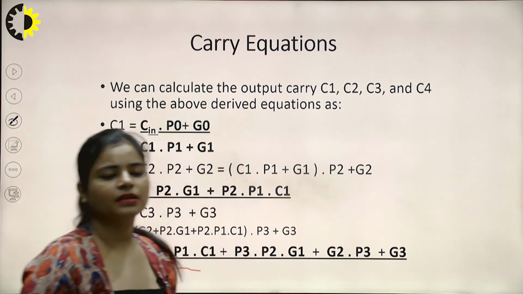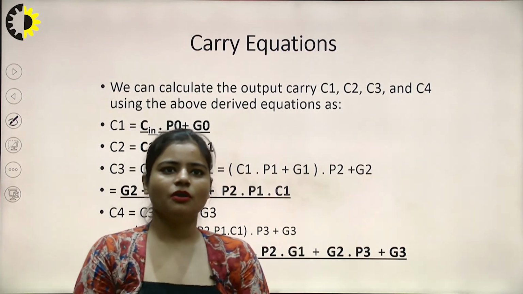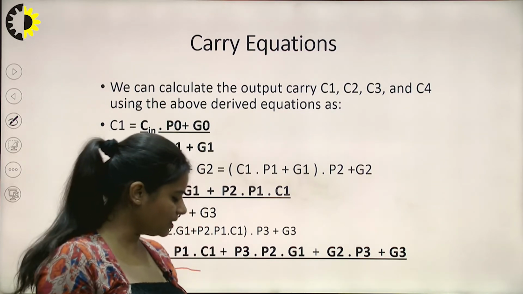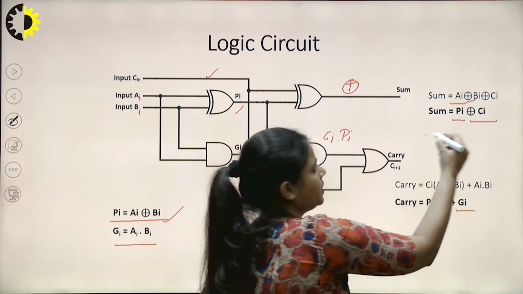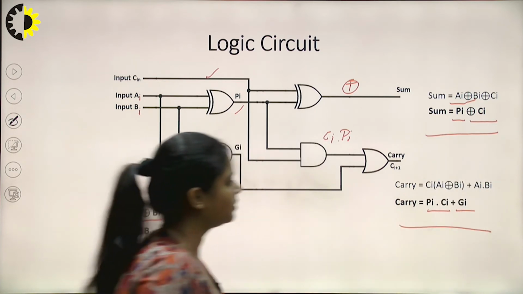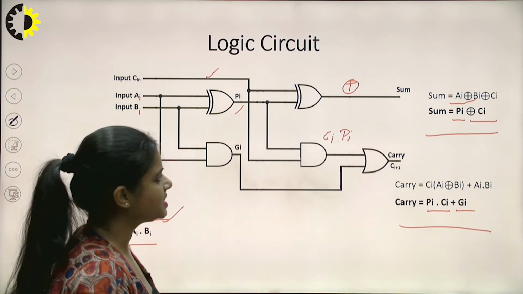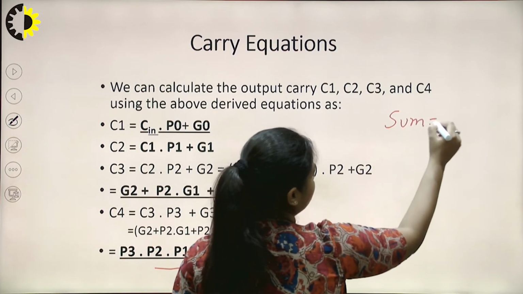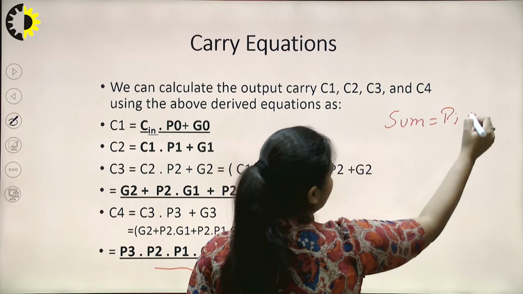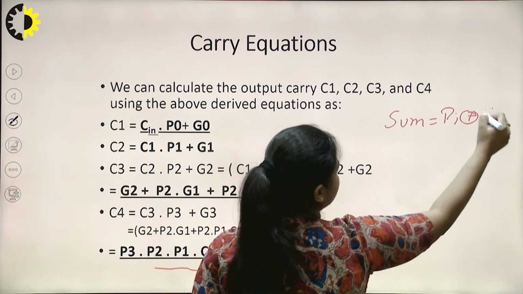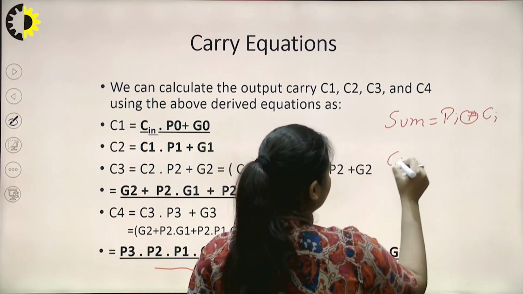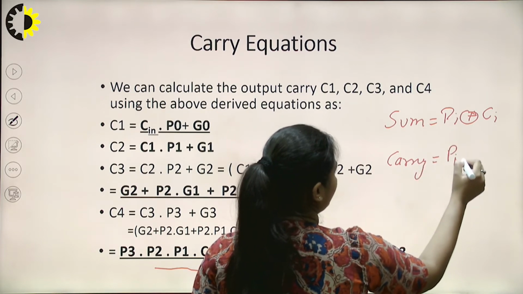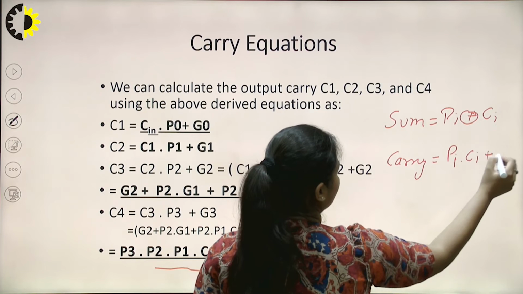In the next step, for getting all kinds of carry equations, we have to work with only these 2 equations. What are the equations? Sum is equal to Pi XOR Ci, and carry is equal to Pi and Ci plus Gi.